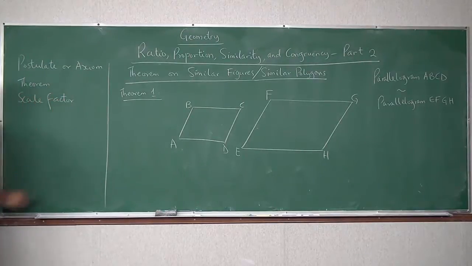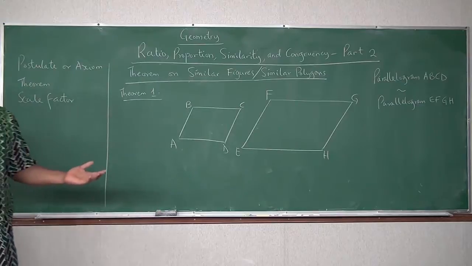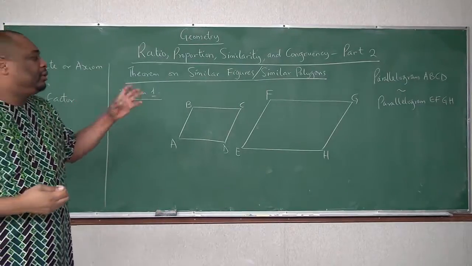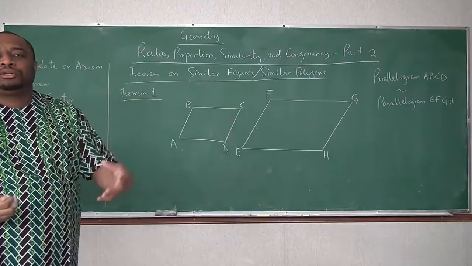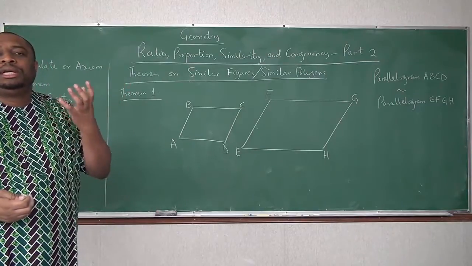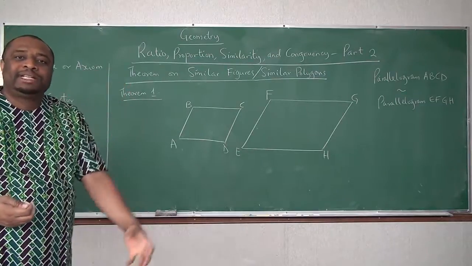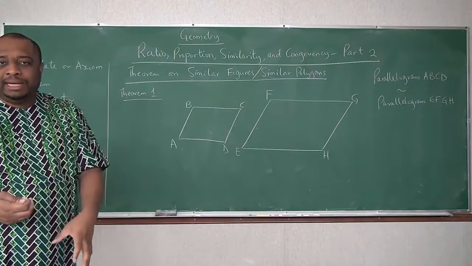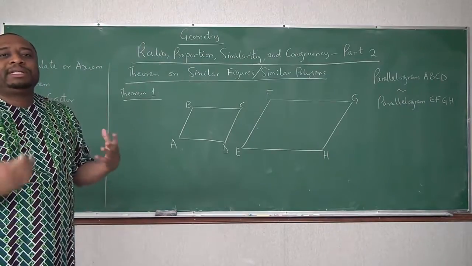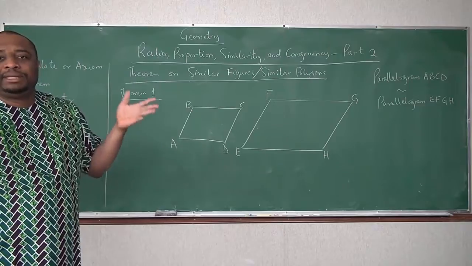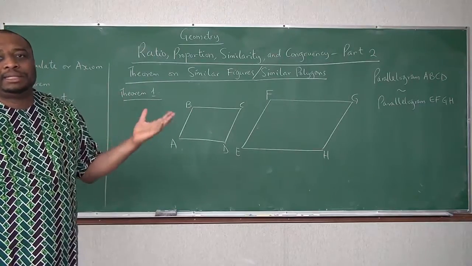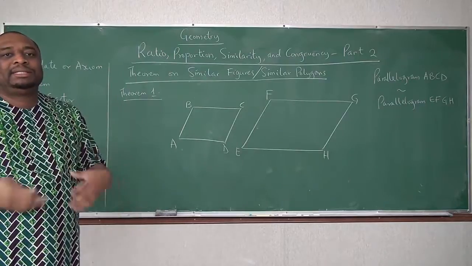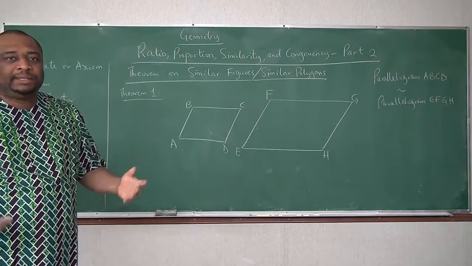If two polygons are similar, the ratio of their perimeters is proportional to the ratio of their corresponding sides. When I mean corresponding sides, I mean the lengths of their corresponding sides. Side is the same thing as length of side.